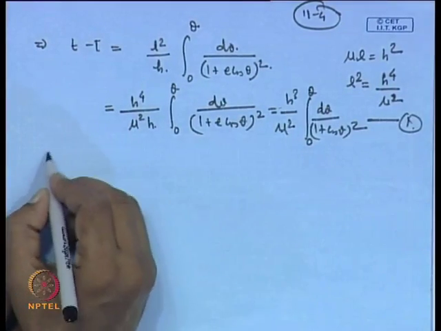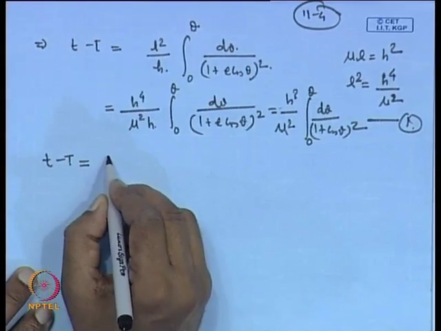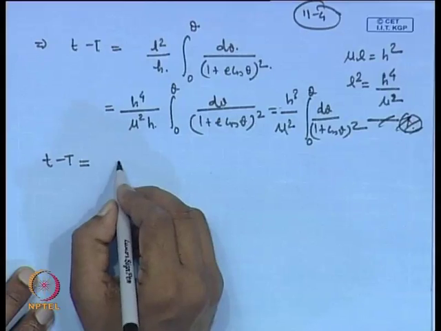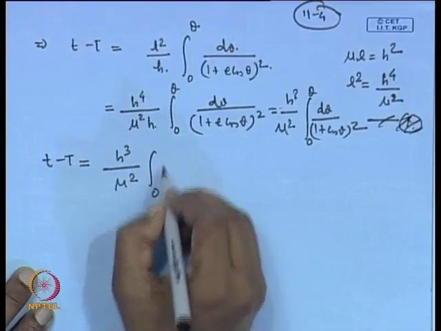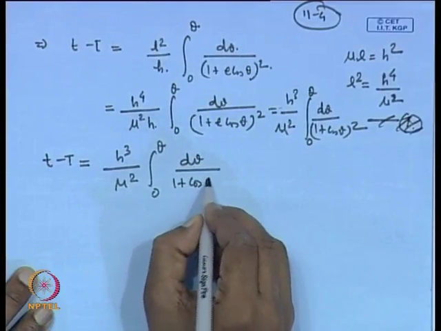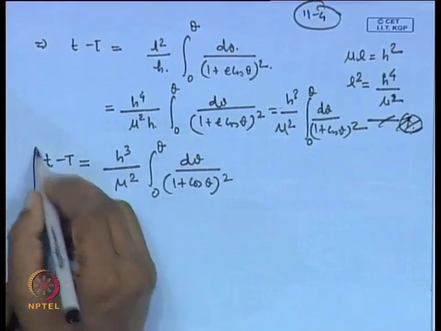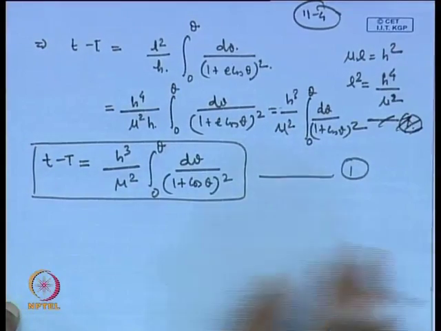So we write here h cubed by mu squared, integral from 0 to theta of d theta by (1 plus e cos theta) whole squared. This is our equation number 1. So, solve this equation.